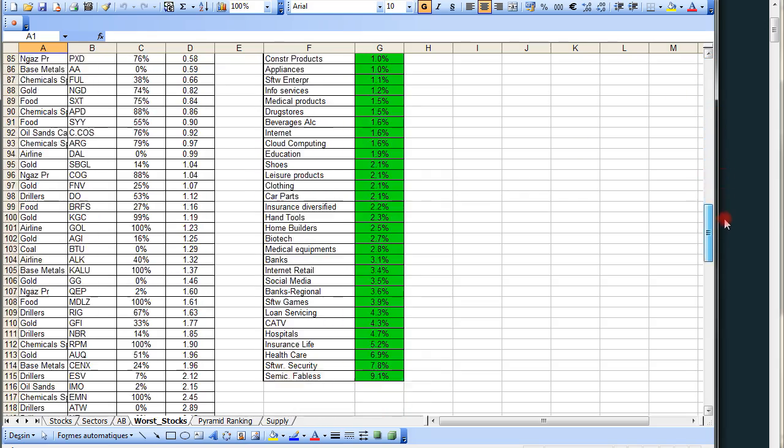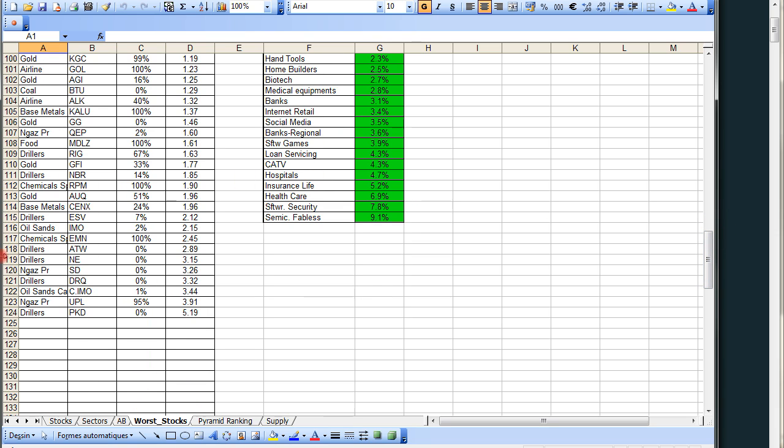And below here are the best stocks that are among the worst sectors, and you can see there are many drillers. It means that really there is money moving in the drillers, and that indicates that the drillers are in the short covering mode.